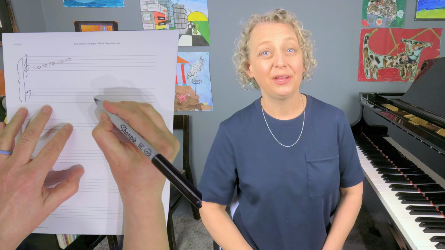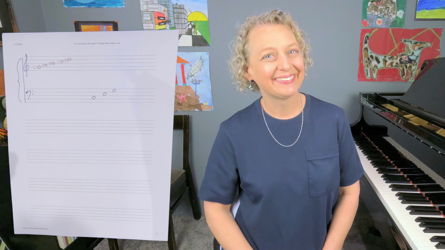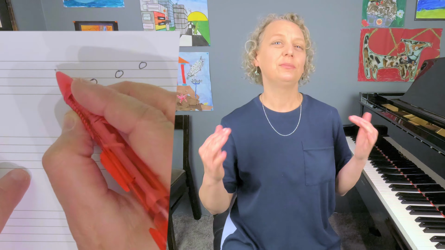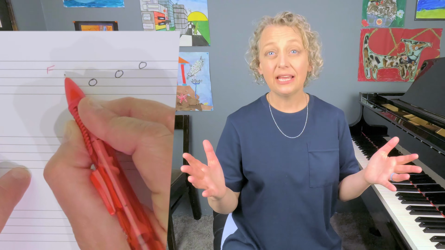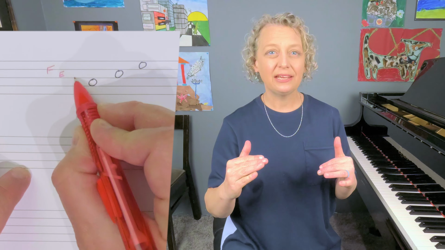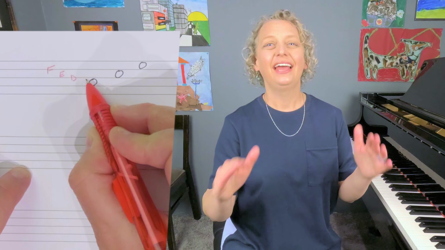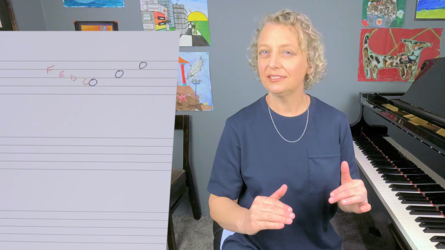What if I wrote this? The first thing we have to do is translate what note the first one is, counting down from our line that we know is F. We have an E in the space, D on the next line, and down to the space where our note is C. So we start on C. Not just any C, the C that is lower than middle C, because it is lower on the staff.